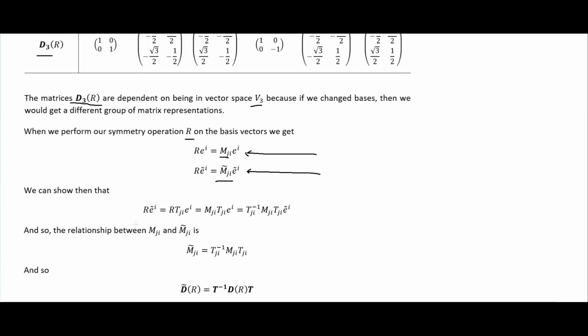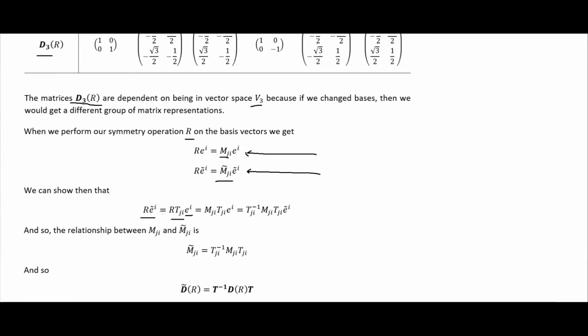And so we can show that when we do our symmetry operation on this tilde basis here, that is equal to our symmetry operation on the untilded basis here, but we have this t sub ji here, which is a matrix that is actually changing the basis. So this is a basis change matrix.